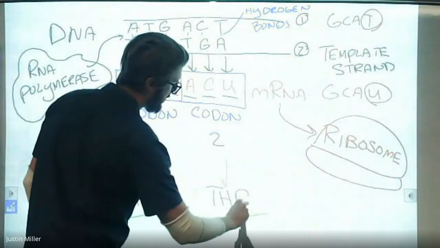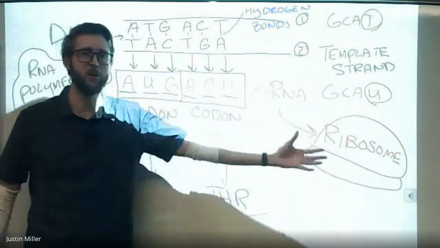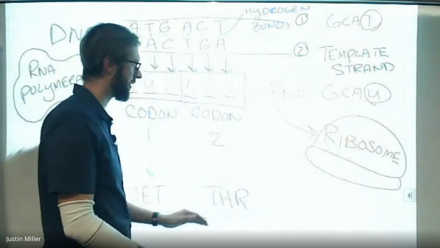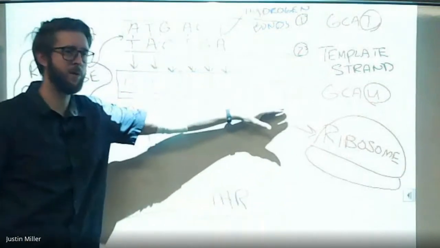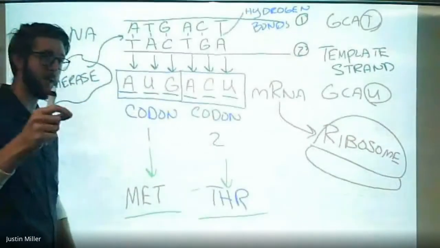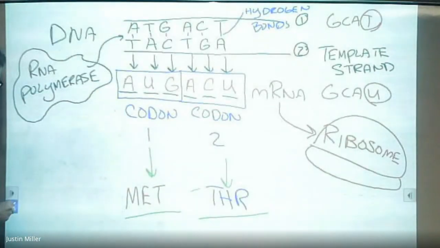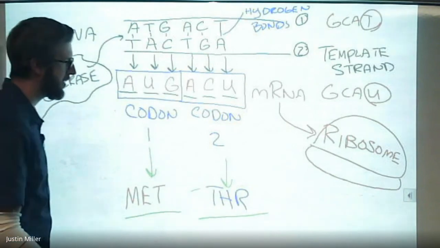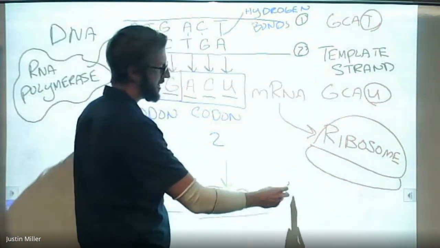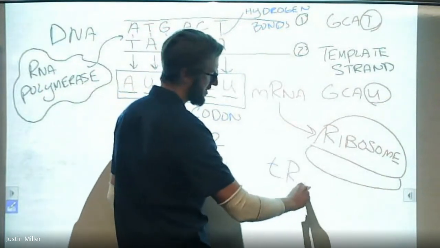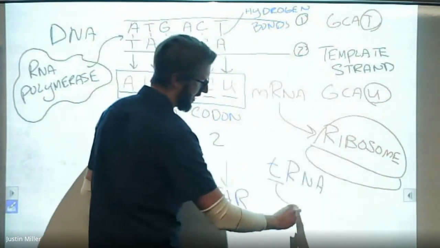Now if we had 1,000 codons, we'd have 1,000 amino acids, but I'm obviously not going to do that, okay? So I talked to you earlier about mRNA, but this is where tRNA comes in, okay? So I mentioned that I was going to talk about tRNA as well. So tRNA, let's make tRNA blue. Why not? I've already got blue up here. So tRNA is what we call transfer RNA.